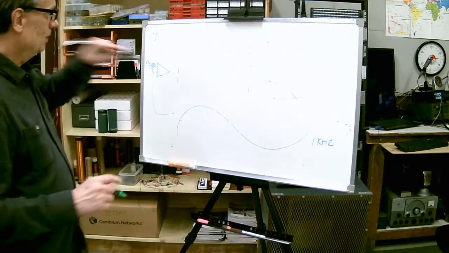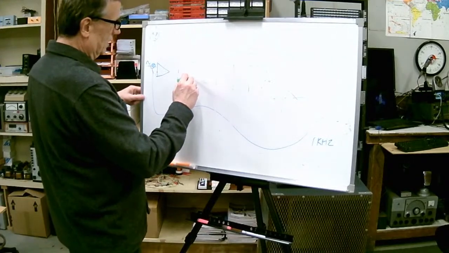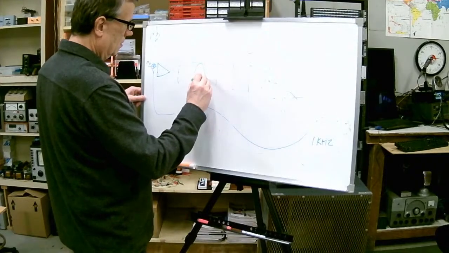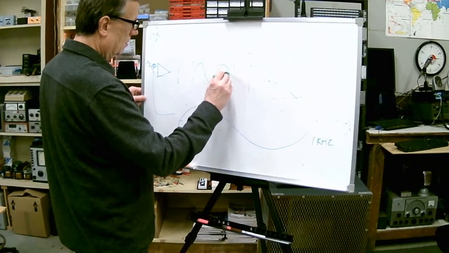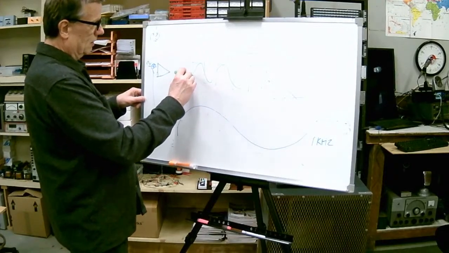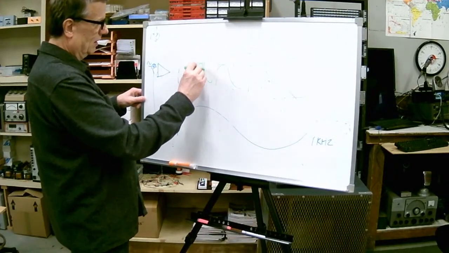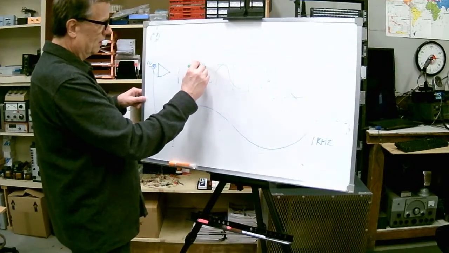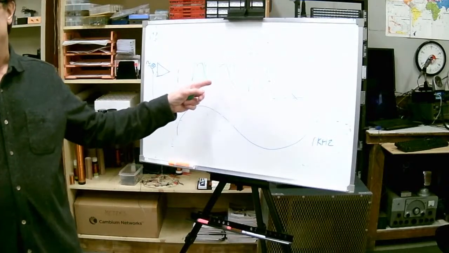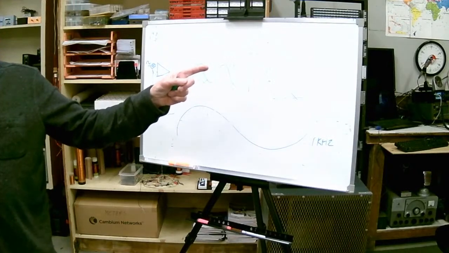So if we were to fill this in, and we have the third harmonic, we have something like that. The more harmonics we have, the closer it's going to start filling in the corners and looking more like a square wave.